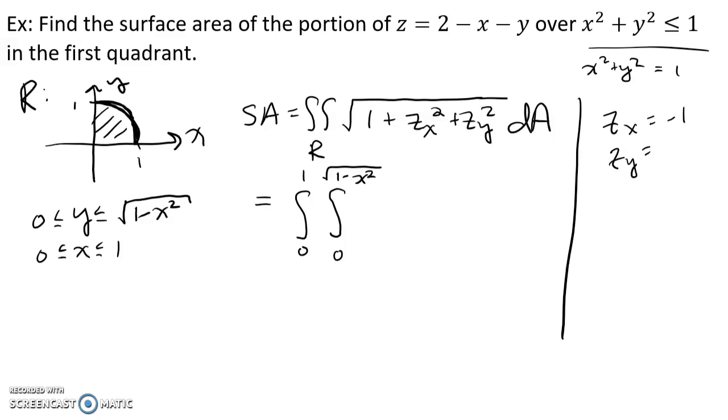So then we'll have z sub y is also negative 1. We're really just looking at that negative y, and its derivative will be negative 1. So this will look pretty nice here. We're just going to have the square root of 1 plus negative 1 squared plus negative 1 squared. And then we chose the order dy on the inside, and then dx.